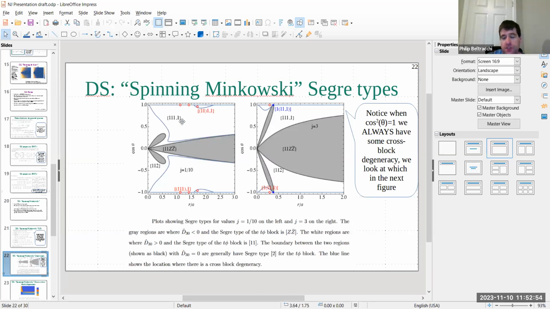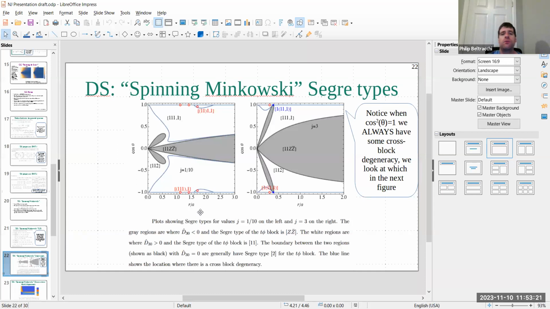We have regions where D30 is positive, and we have all real eigenvalues and real eigenvectors, 3 space-like and 1 time-like. This is white. On the border between these two, our D30 is 0. In that case, we'll typically have the double null eigenvector that is in black.